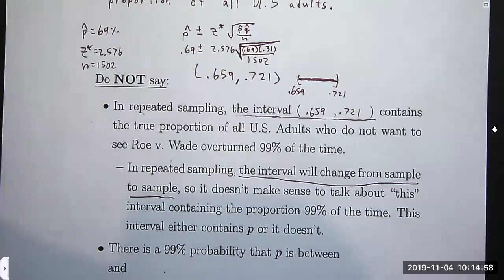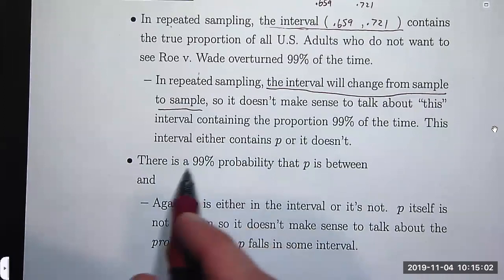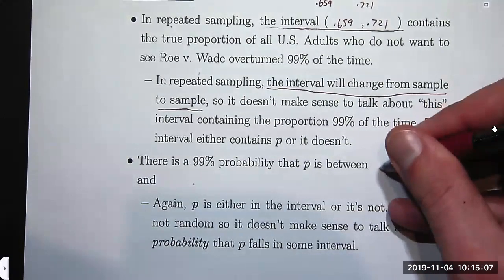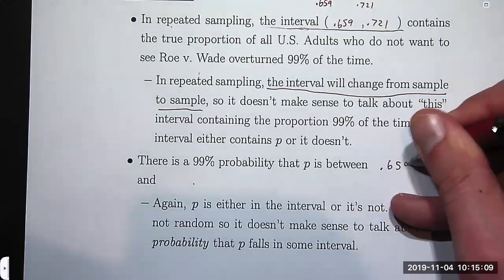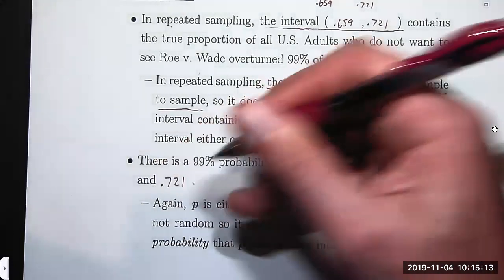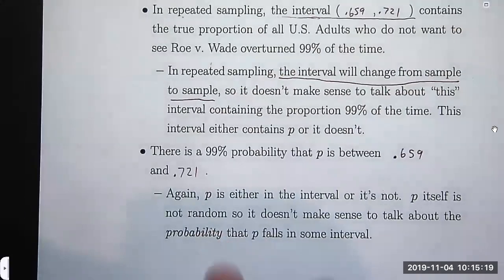And then here's another one. There is a 99% probability that P is between 0.659 and 0.721. So this isn't really a probability. P is either in that interval or not.